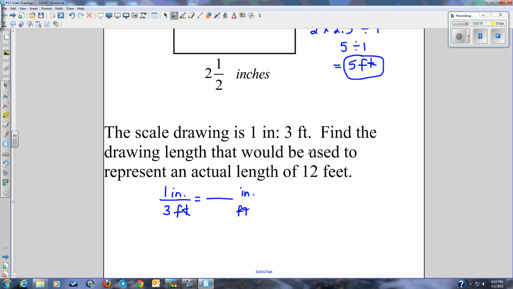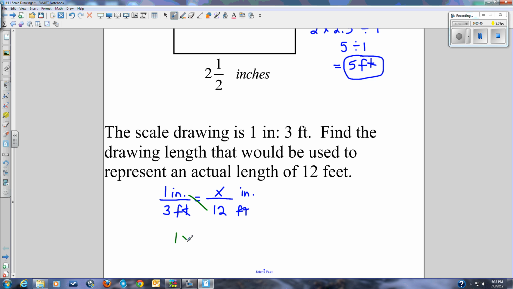Write the same units right across from each other. We want to know what the drawing length would be that would be used to represent an actual length of 12 feet. Feet we see in the denominator, so we're going to fill in that 12 next to the feet, and X goes next to the inches, our unknown. Now we'll connect the numbers that are located diagonally from each other.